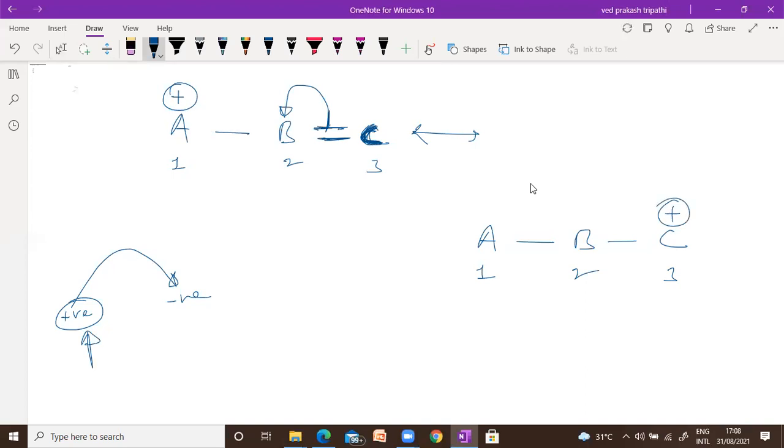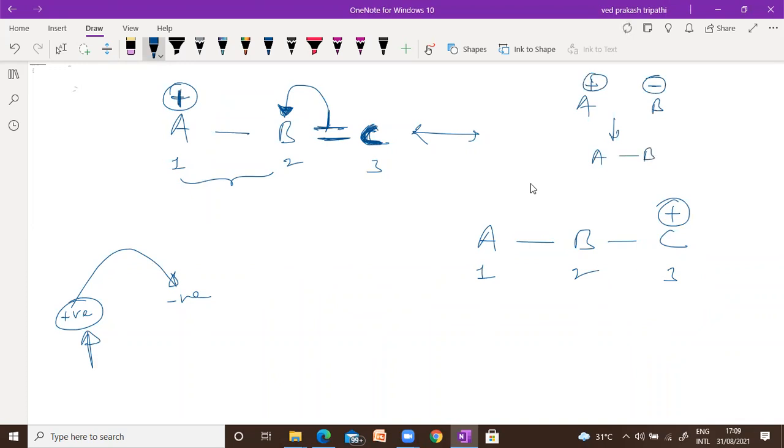So tail means positive charge, so the tail will hold positive. And now you can see 1 and 2. 1 has positive, B has head of arrow, which means negative. We will assume it as negative, we will not write it over here. So as you can see, opposite charges will always attract. Suppose A has positive, B has negative. There will be attraction between them and they will form a bond.